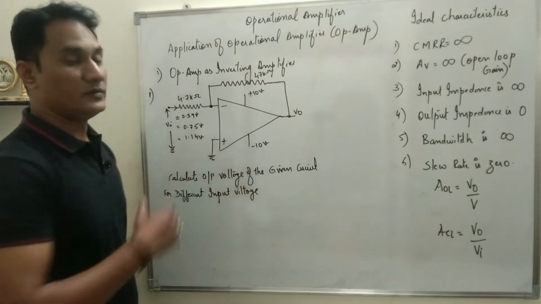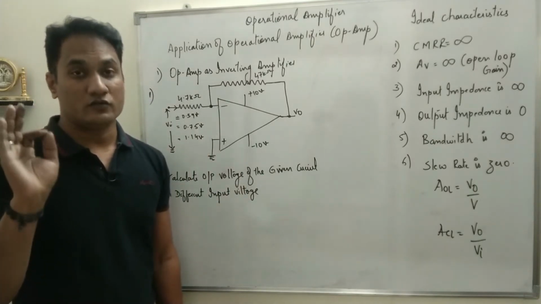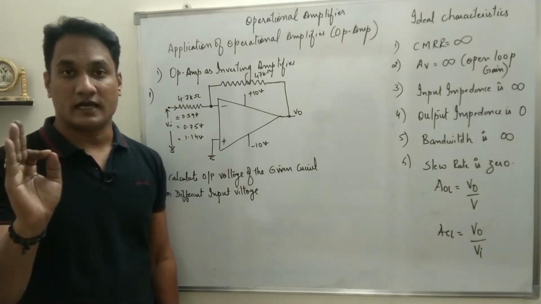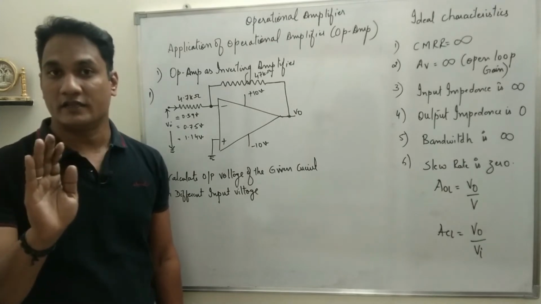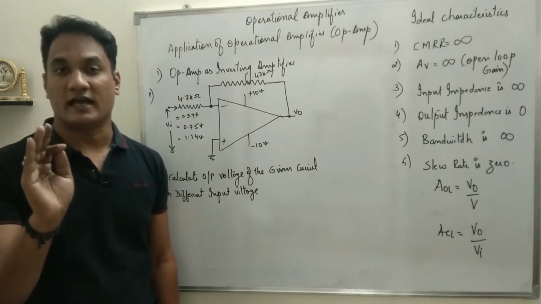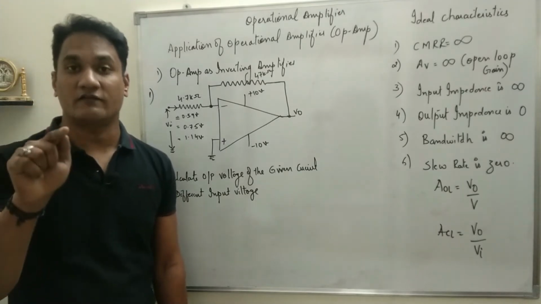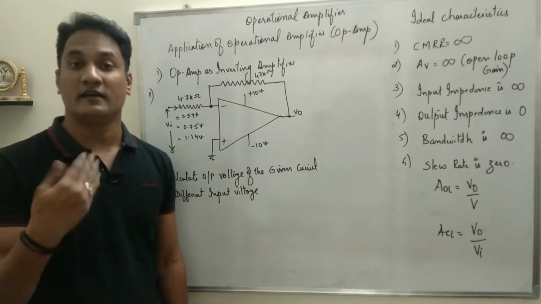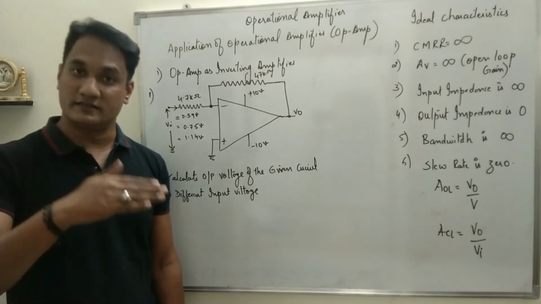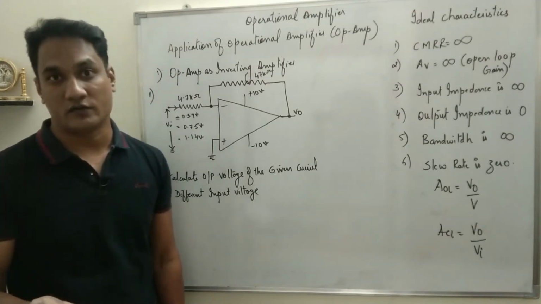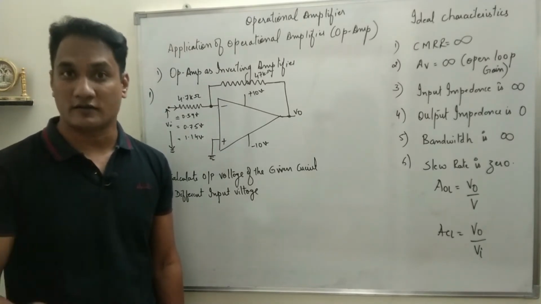See, the diagram will be given, but you have to understand that nowhere in the question will it be mentioned that the circuit is an inverting amplifier. You have to see the circuit and identify whether it is an inverting amplifier, non-inverting amplifier, adder or subtractor.